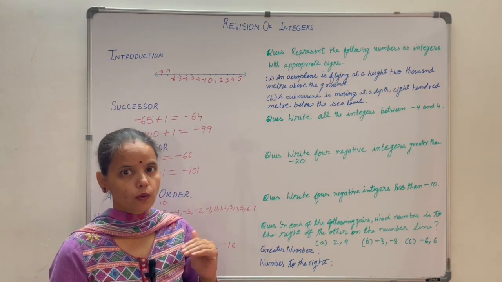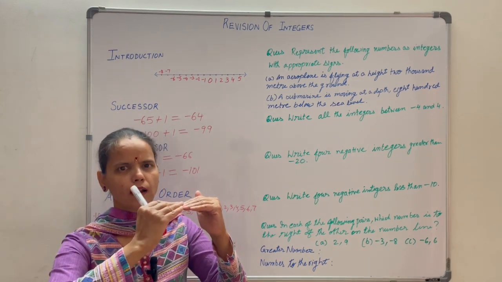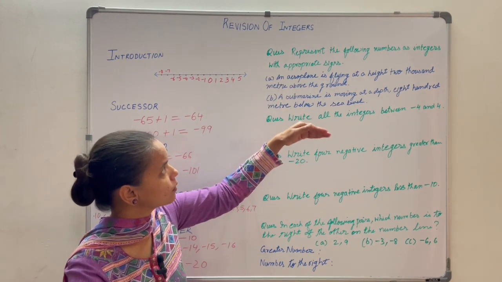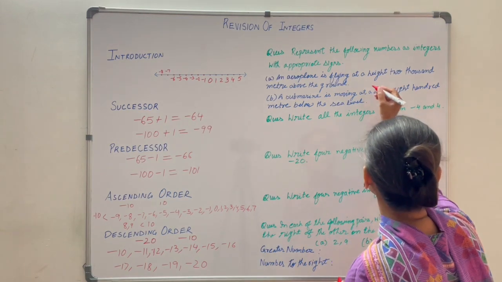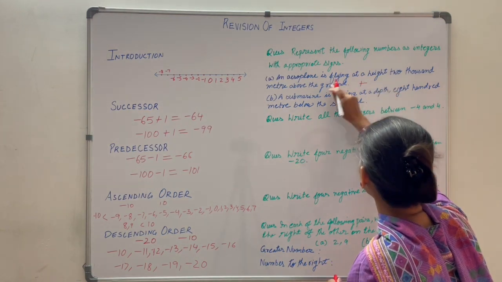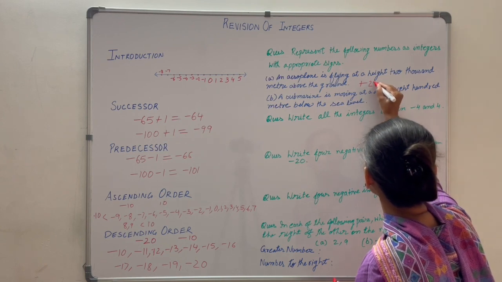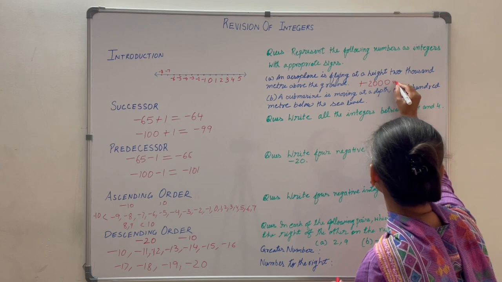If you take the ground as 0, then above the ground is positive and below the ground is negative. The aeroplane is flying above the ground, so the sign is plus: plus 2000 meters.